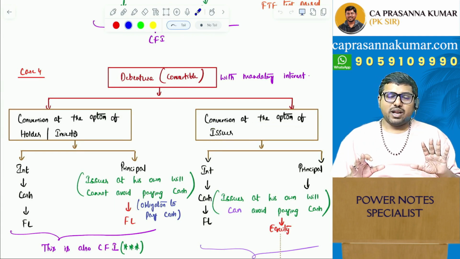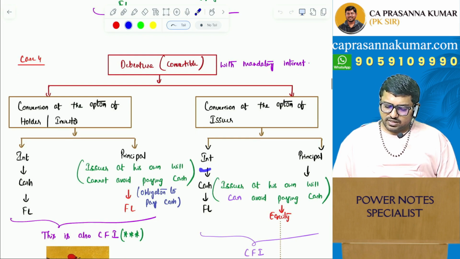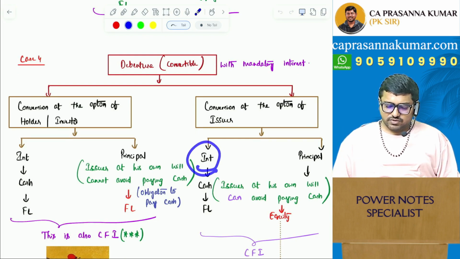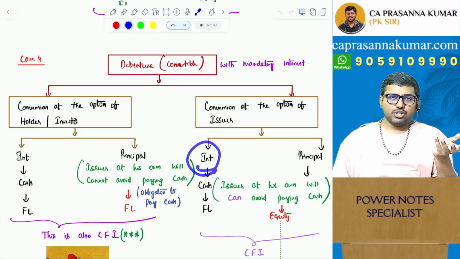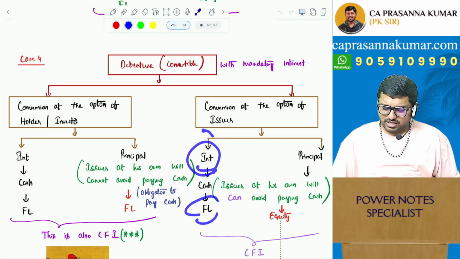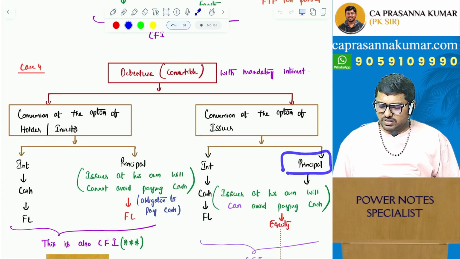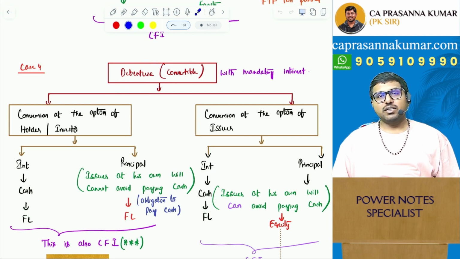At the option of the issuer, which is the company, if I want I can redeem, if I want I can convert. Now first of all, forget about the redemption or conversion into equity shares. One thing is for sure, you're going to pay interest, correct? Interest is a contractual obligation to pay cash, so straight away it's a financial liability. There is no doubt with respect to this part. Now coming to principal redemption, where either you can redeem the debenture or you can convert the debenture into X number of equity shares.